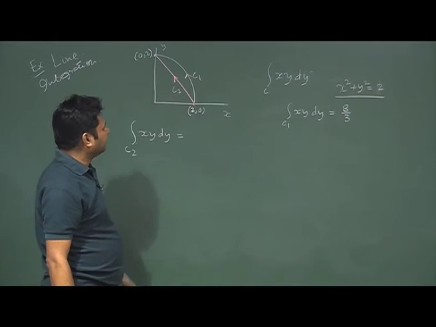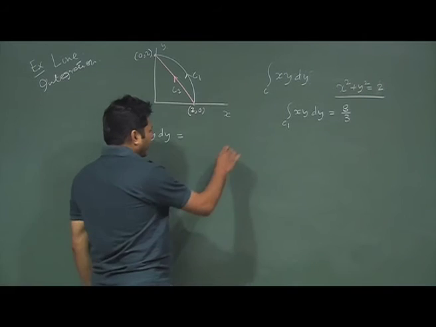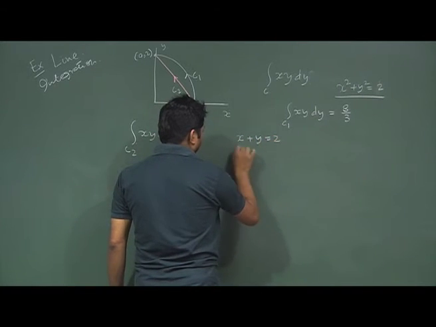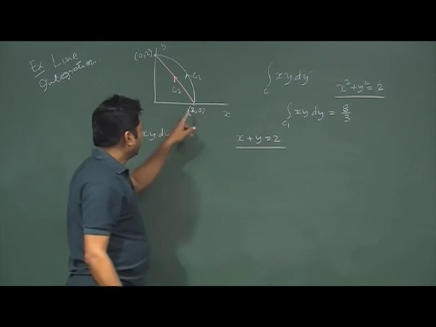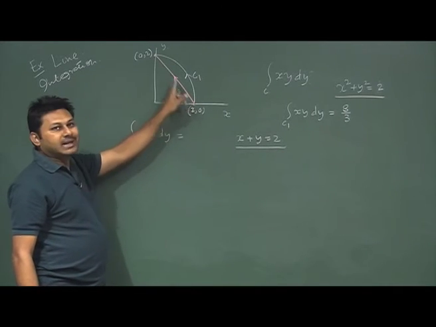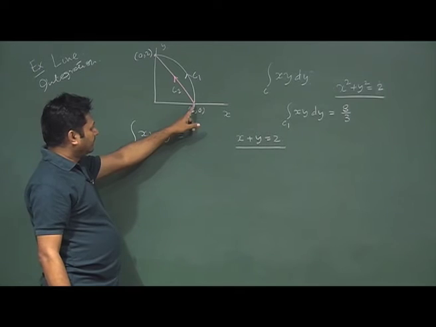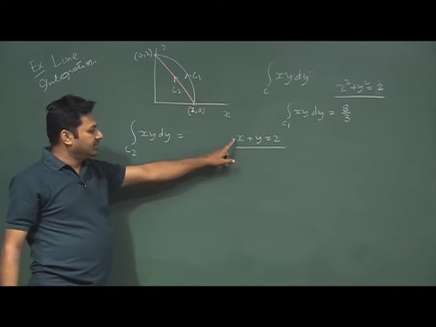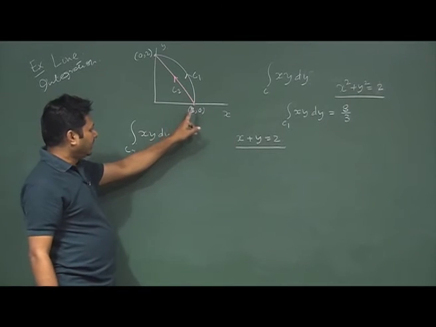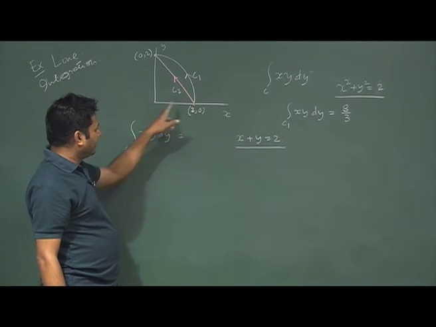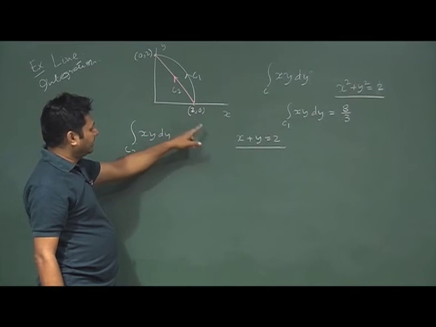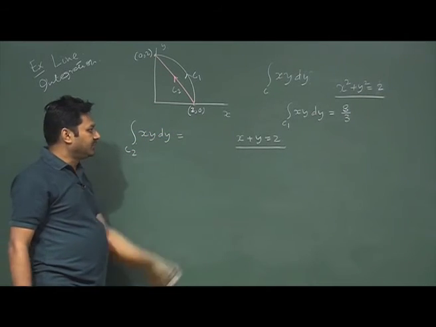So what is the relationship between x and y? x plus y is 2. This is the relation here for this red line. Every time I change x, y is changing, and the relationship between x and y should be 2. When x is equal to 0, y is equal to 2. When y is equal to 0, x is equal to 2. So this equation gives you the same thing.